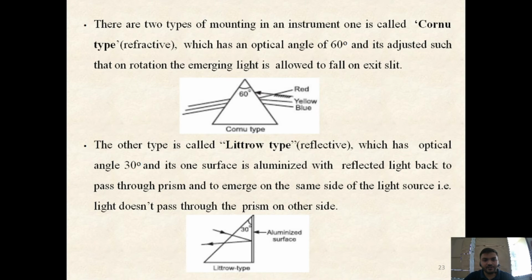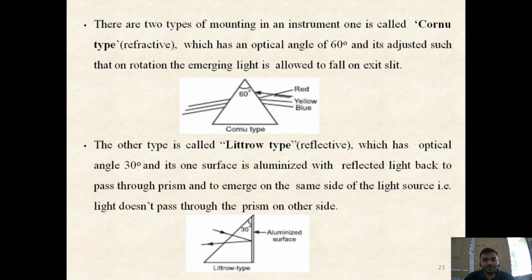There are two types of mounting in the instrument. One is the Cornu type, that is refractive, which has an angle of 60 degrees and is adjusted such that on rotation the emerging light is allowed to fall on the exit slit.